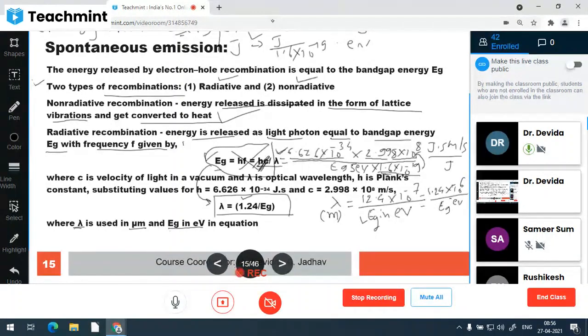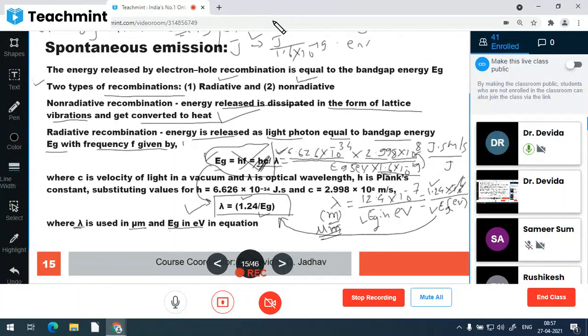Now this gives the value of lambda in meters. If you cut this 10 raised to minus 6, the value becomes in micrometer. Okay. The lambda value will come in micrometer. So the formula becomes 1.24 divided by Eg in electron volt. So this formula, lambda equal to 1.24 divided by band gap energy, is generated from here.